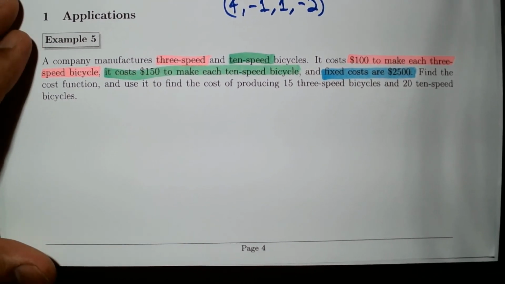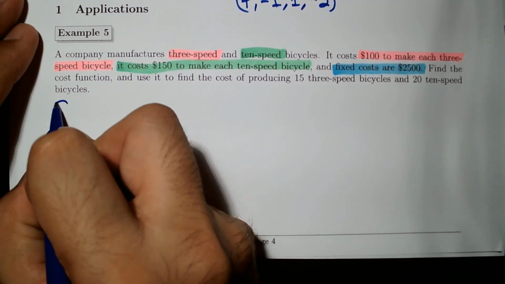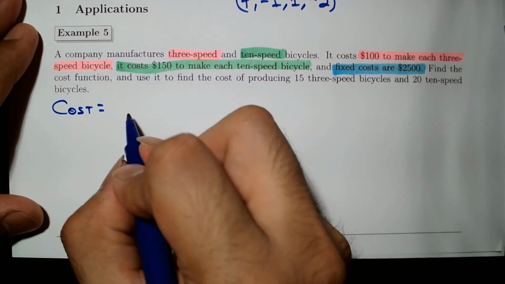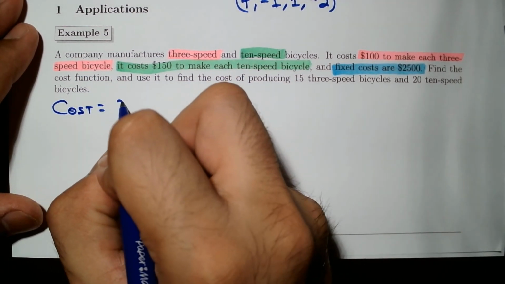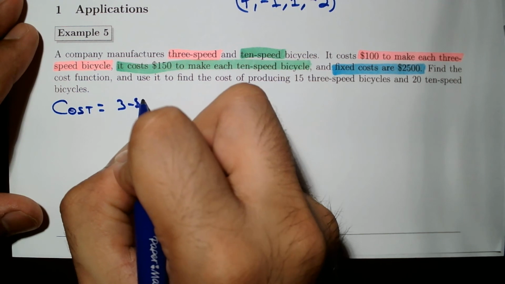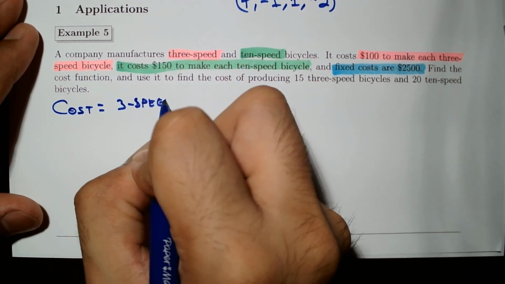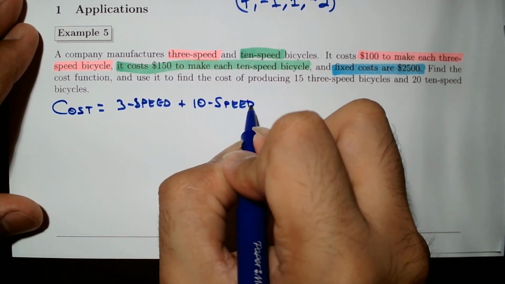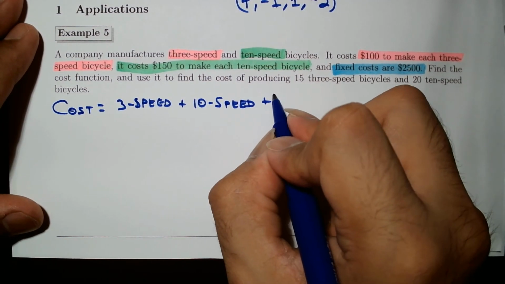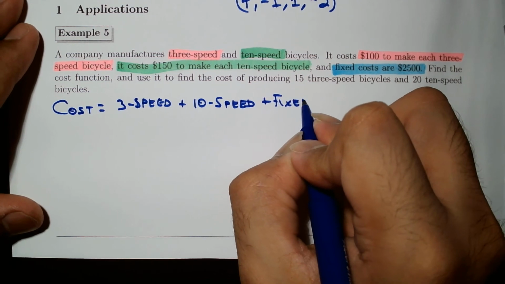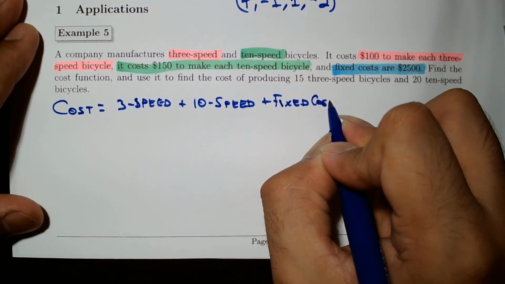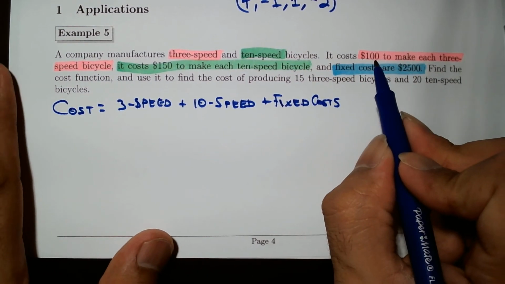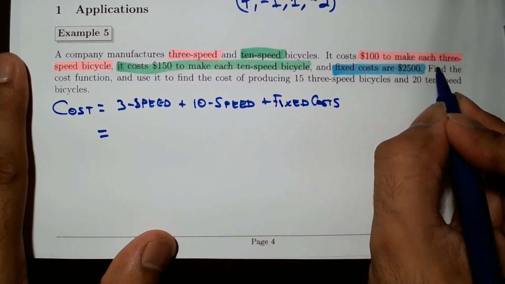Alright, so we are going to set the following function. So cost, which will be 3-speed plus 10-speed plus fixed costs. Alright, fixed cost. So in this case, they're telling us that it costs $100 to make each.